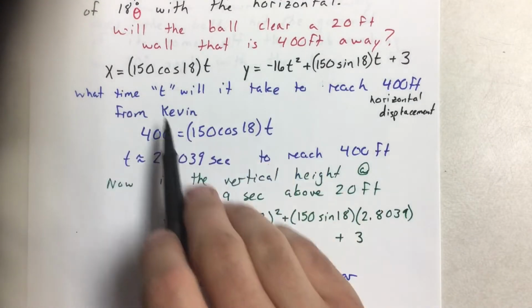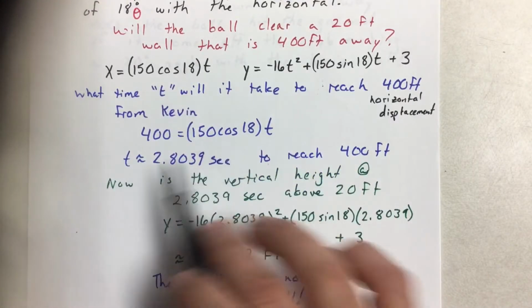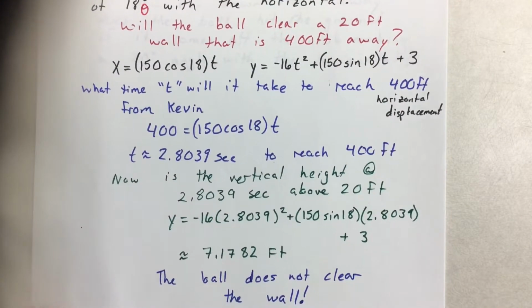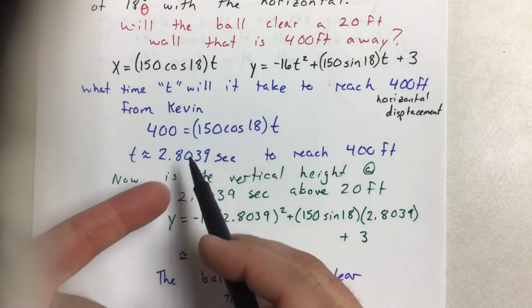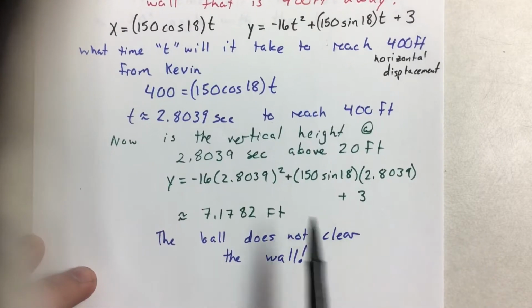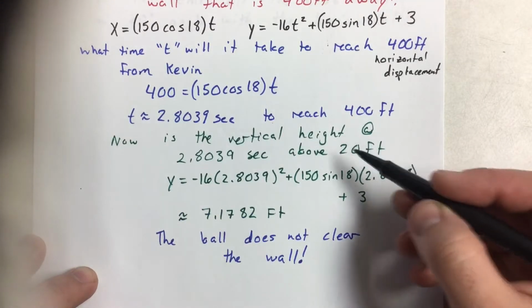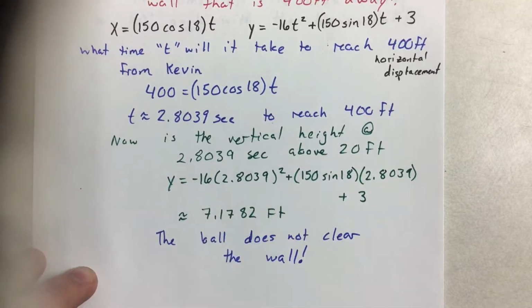So we set this equal to our horizontal equation and got our time. We used one equation to get a time, and then plugged it into the other equation. This is very common. Using one equation to get something, and then using that value with the other equation to get the actual answer we desire. We plugged our time into the vertical component to see if we reached above 20 feet at that moment, and we did not, so the ball does not clear the wall. So let's try this process again.